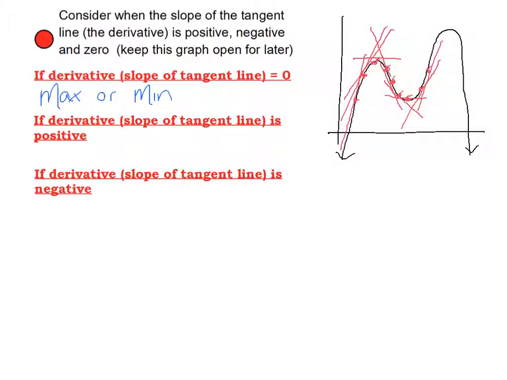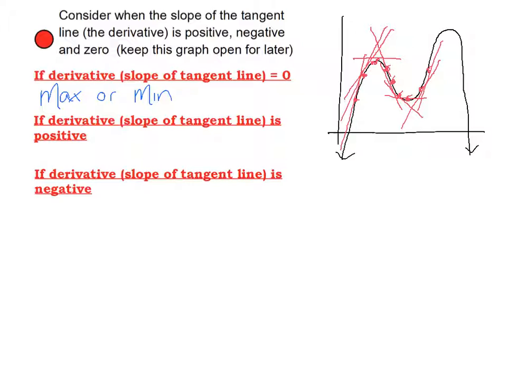So that's kind of an important deal if you think about it. You go find the derivative, you find out the derivative equals 0, right then you know that's a maximum or a minimum spot. We always went to our calculator to find the max or the min. Now we have a way to actually find the max or min with the derivative rather than having to have a calculator for it.